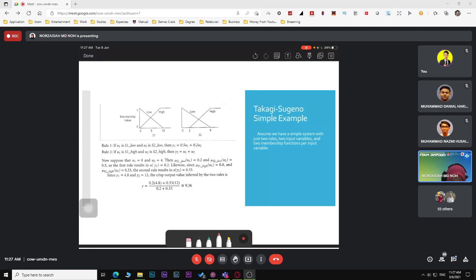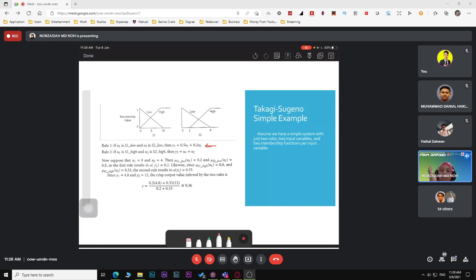Okay, for example, you are given rule 1 and rule 2. From rule 1, if U1 is S1 low, U2 is S2 low, then Y1 is this. Can you see? Does it use a constant? It uses a function. That's why you see its output is not a spike, it has a function.